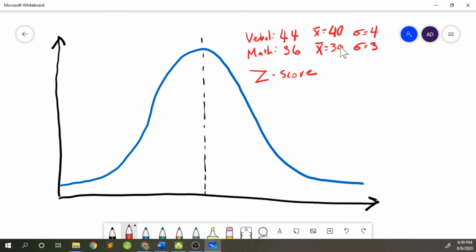The way a Z-score works is, instead of keeping the number of slices fixed, we're going to keep the width of the slices the same. Because think about it, in a normal distribution, there's no end here. This could theoretically go out forever. Since we're talking about a practical case where we're taking a test, presumably there's an upper limit.